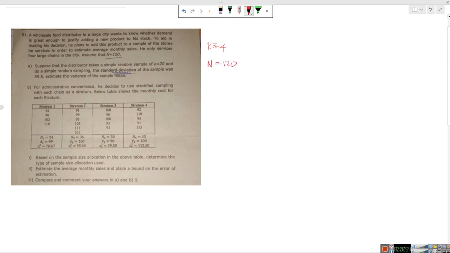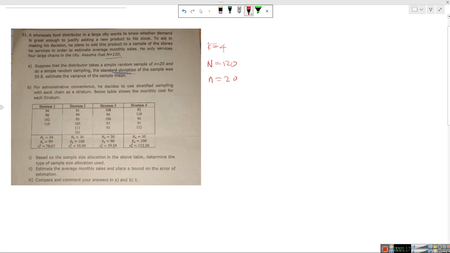Now in part A they are asking, suppose that the distributor takes a simple random sample of n equal to 20 and does simple random sampling.